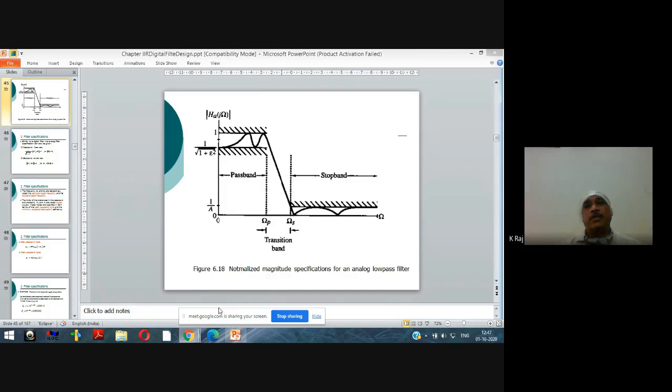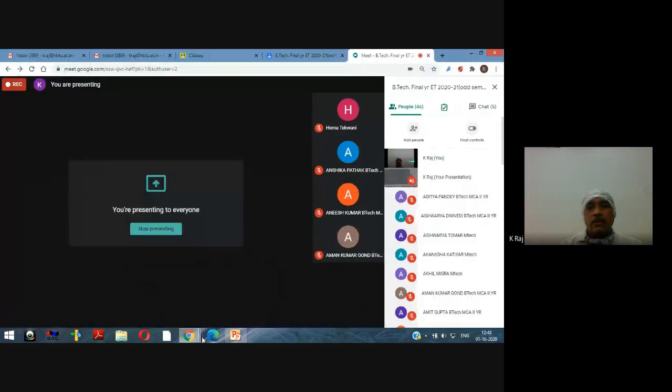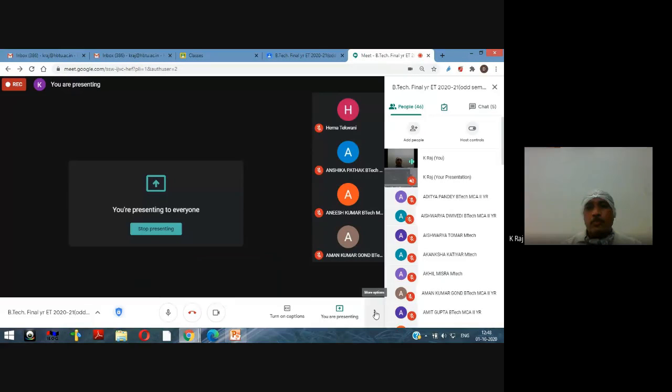For designing the filter in the analog domain, we will use four types of approximation, and today we have discussed the Butterworth approximation. The remaining three types of approximation will be discussed in the next class.